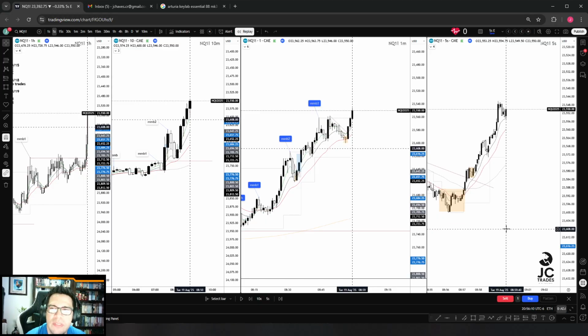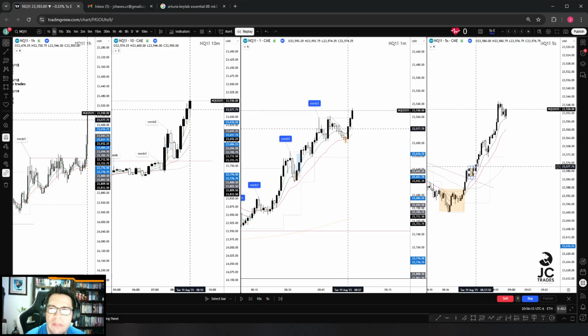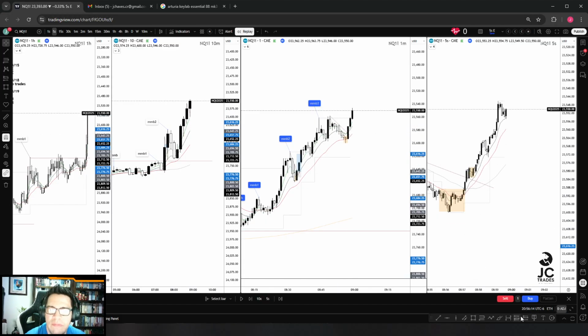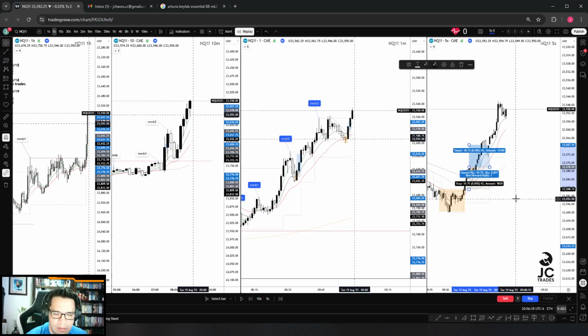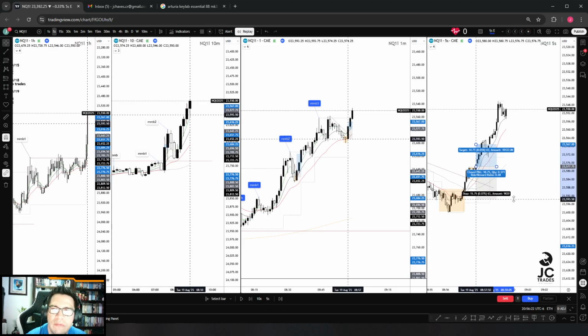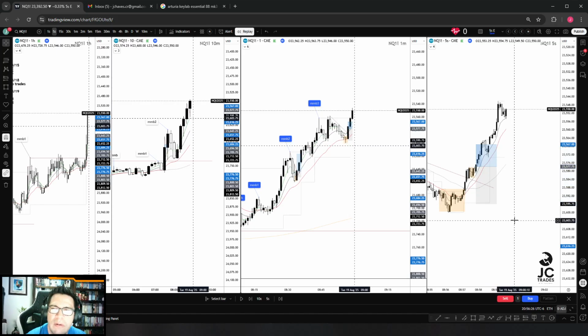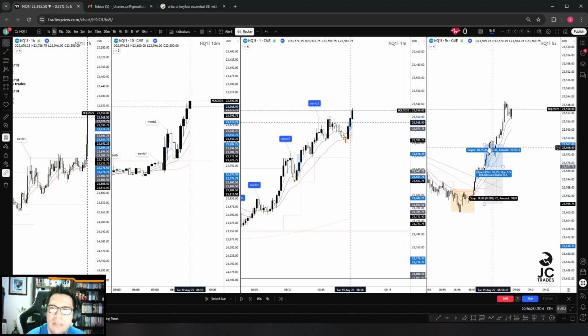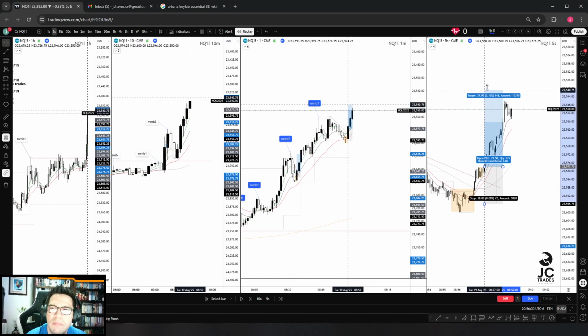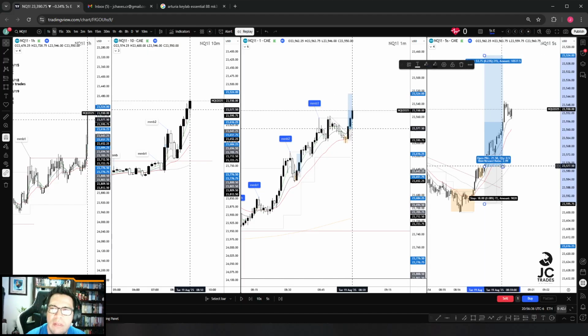So in this case, this would have been again a fully valid trade. If we place it here, just to take a look at how that one would have been, this would have been our stop below the EMAs, and the full TP would have been around this area here.